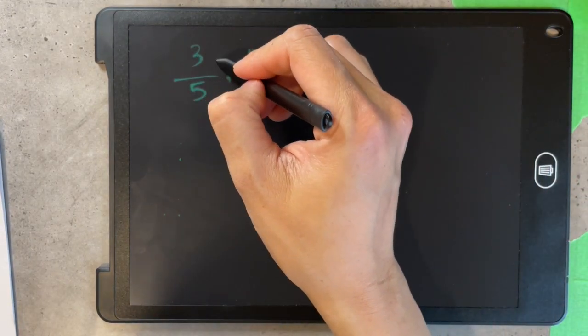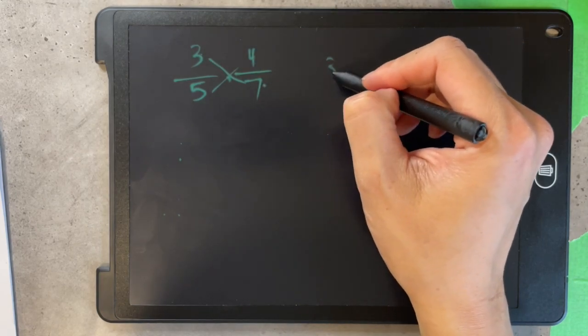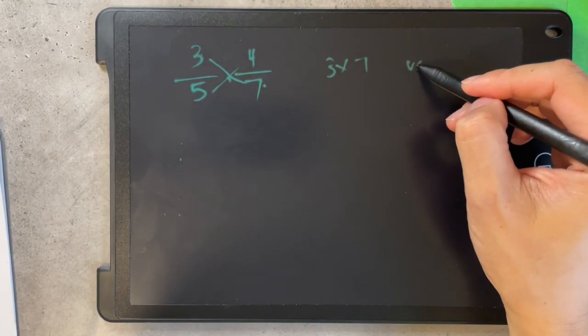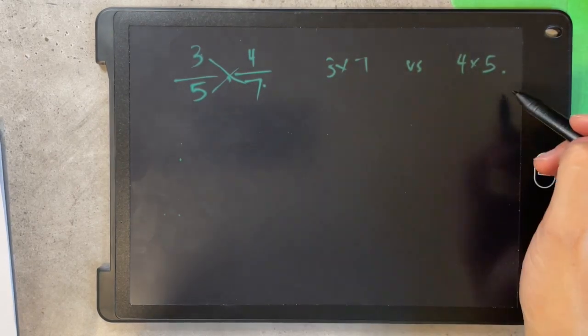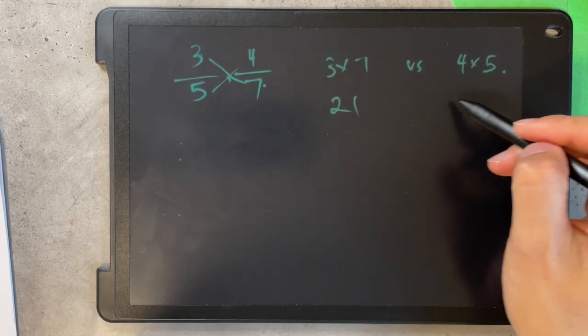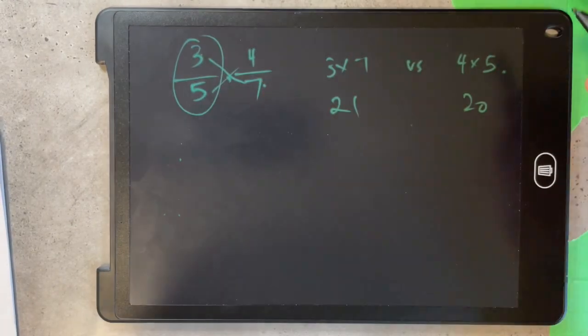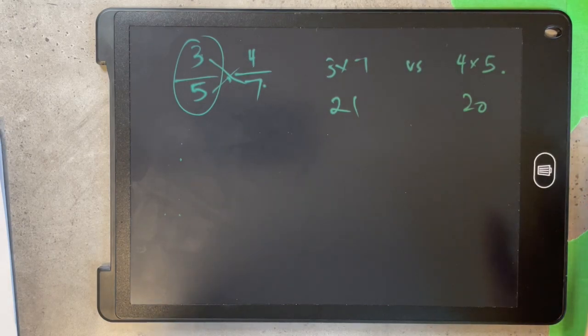So the way to do this is you cross multiply. So 3 times 7 versus 4 times 5. Whichever is bigger is the bigger fraction. So that's 21 and that's 20, so 3 over 5 is bigger. So that's one of the techniques. You can do it just for yourself, and if you really want to show your teacher or your examiner, you would want to do it the previous method we have just gone over.